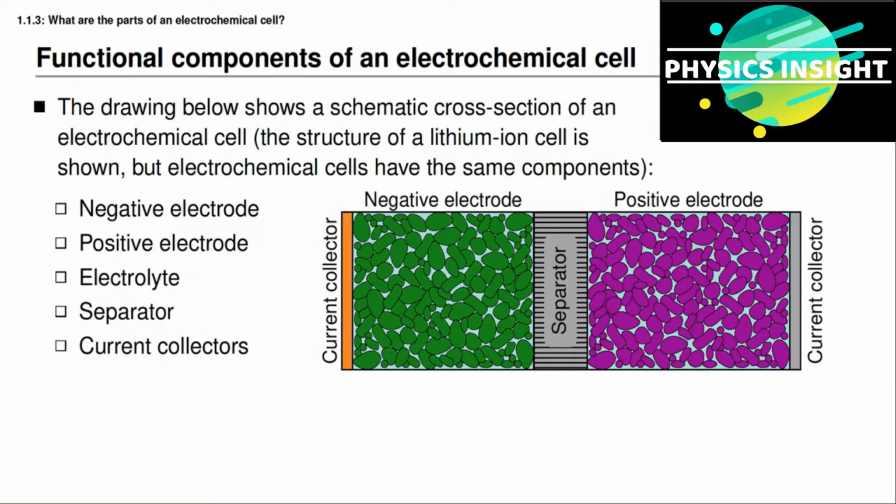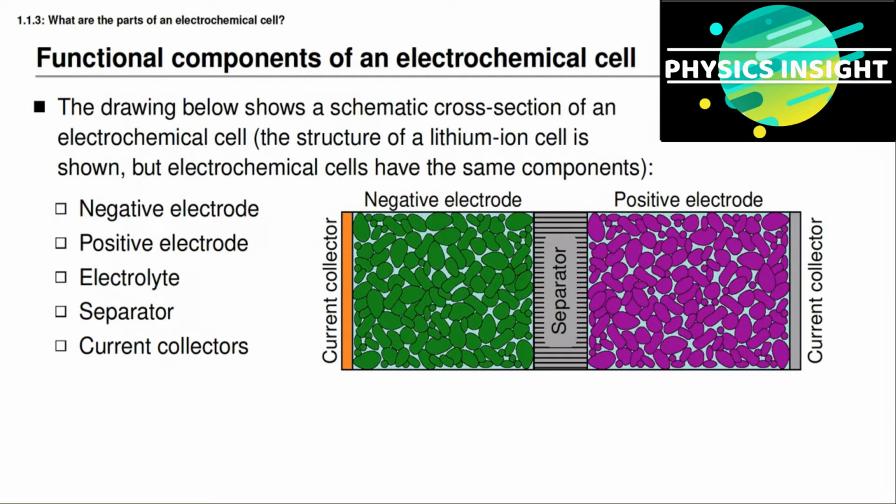The colors that I have used in this illustration are for illustrative purposes only. If you were to open up a battery cell, which by the way is not recommended because often they contain chemicals that can be toxic, you would see that the compounds are usually black or gray. They're usually quite colorless.